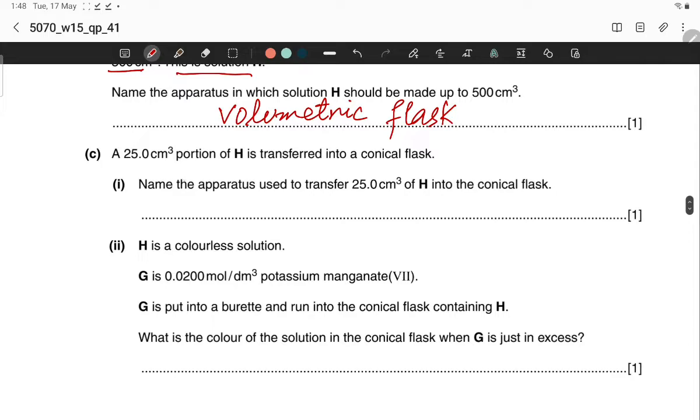A 25 centimeter cube portion of H is transferred into a conical flask. Name the apparatus used to transfer 25 centimeter cube of H into the conical flask. So the exact apparatus which is used in titration is pipette, which is used to measure 25 centimeter cube of any solution in the conical flask. So that is pipette.